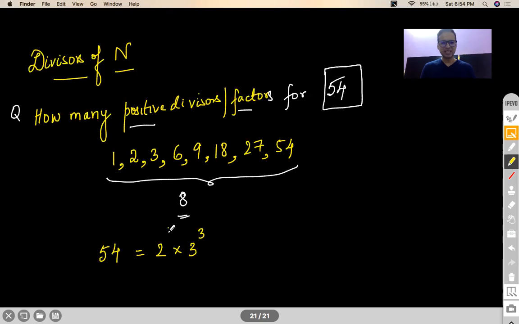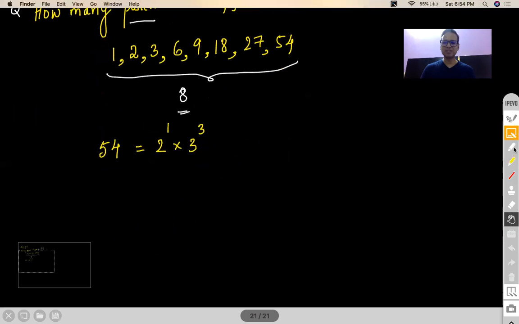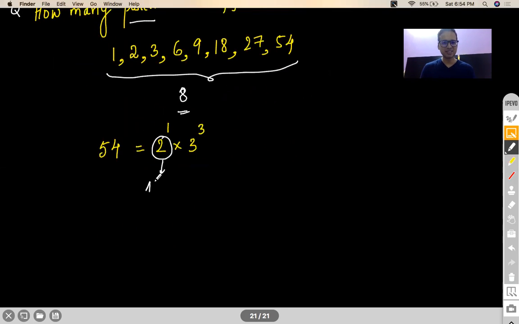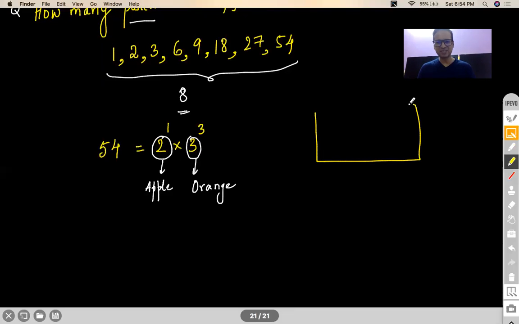Now he's saying consider these prime numbers to be like apples and oranges. So let's say this is an apple, and this is an orange. Now think as if there's one apple in a fruit basket, and there are 3 oranges in a fruit basket. Can I say picking up a factor is like picking none or more fruits from this basket?